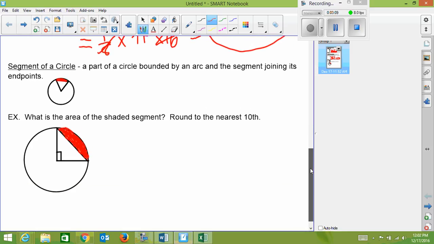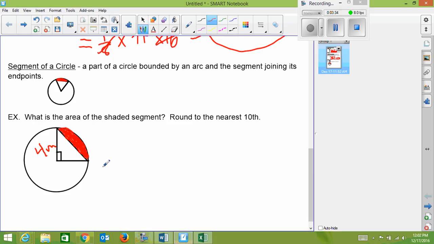What is the area of the shaded segment? We're going to round it to the nearest tenth. So on this one, we need to know that that's 4 meters. The radius is 4. So the first thing I need to figure out is, because this is a right angle right here, and this is making a right triangle, the piece that I don't want to include, I only want this shaded part.